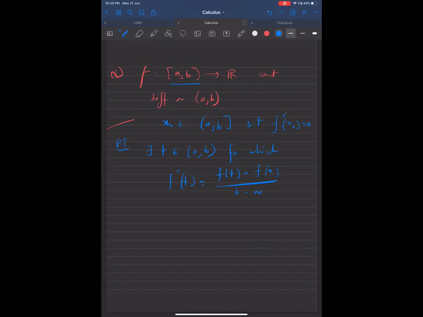We can take the function g of x equals f of x minus (f of b minus f of a) by (b minus a) times x.